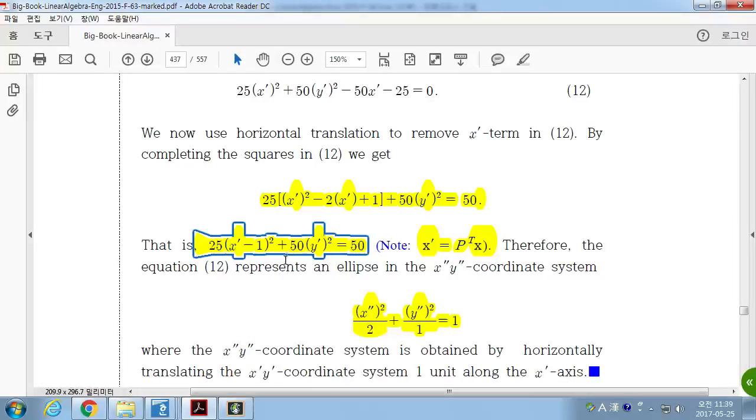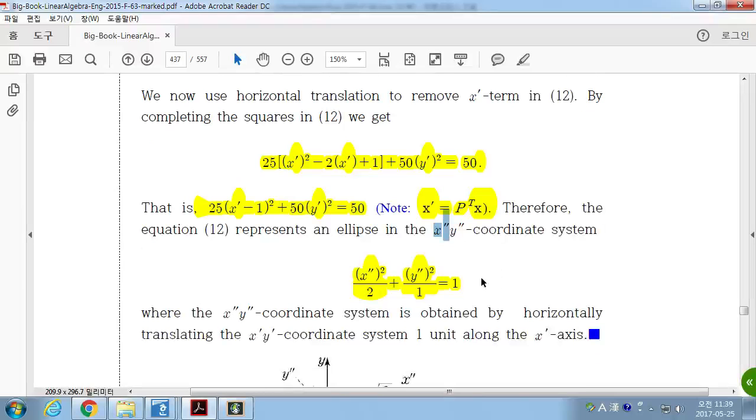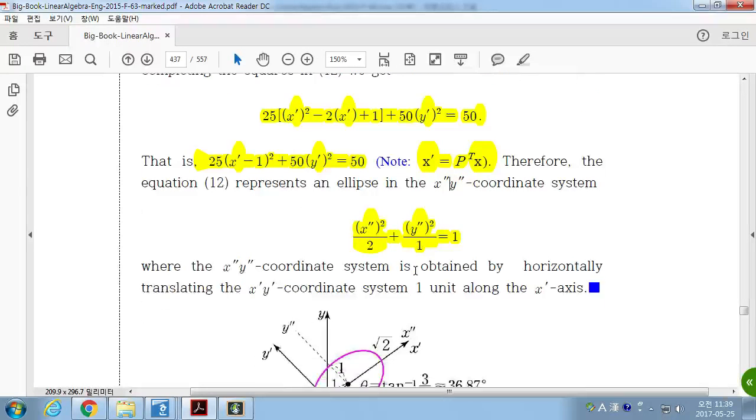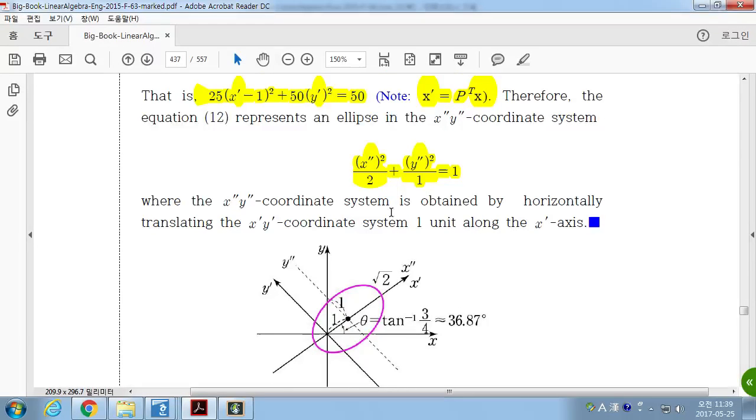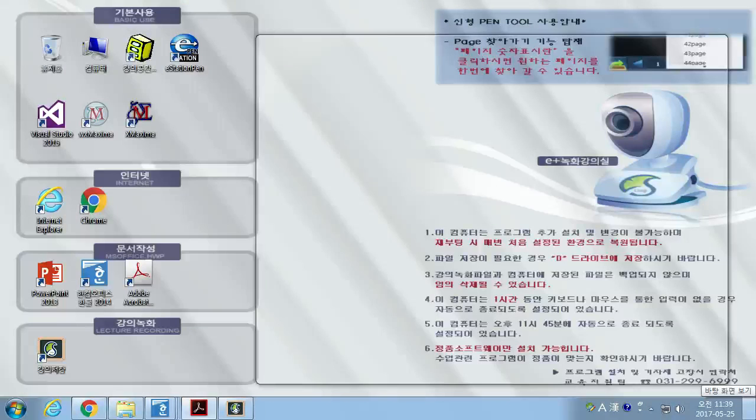So what this means is if we let X double prime equal X prime minus 1, then in the new coordinate system, X double prime and Y prime, this can be written in this way. So this says this is an ellipse in a new coordinate system, which has been rotated and translated.